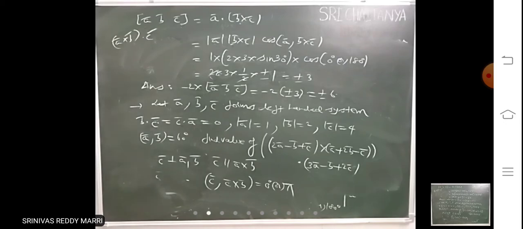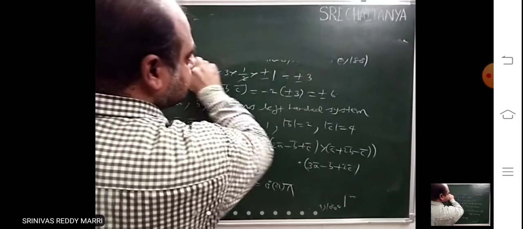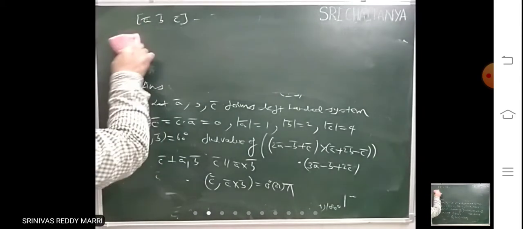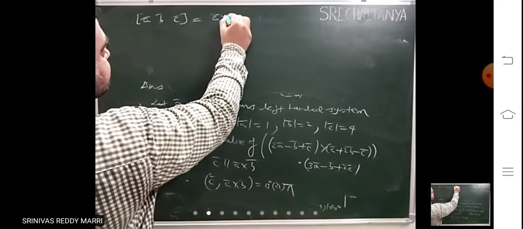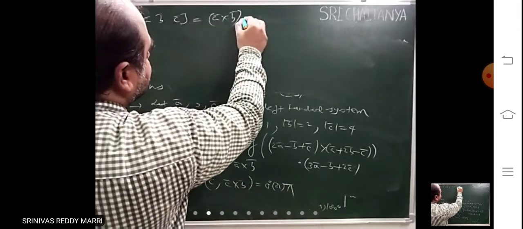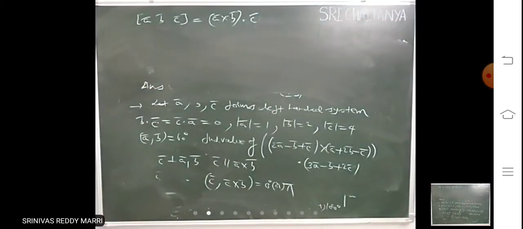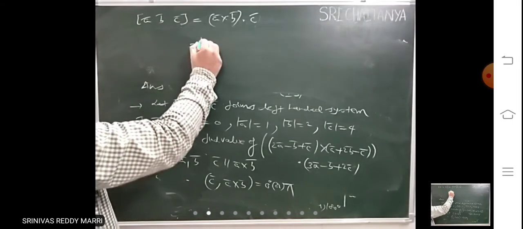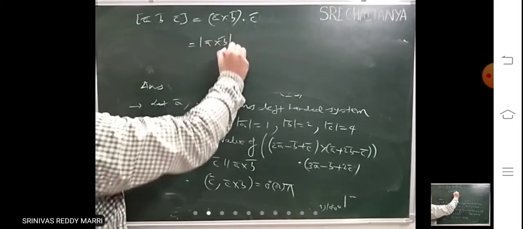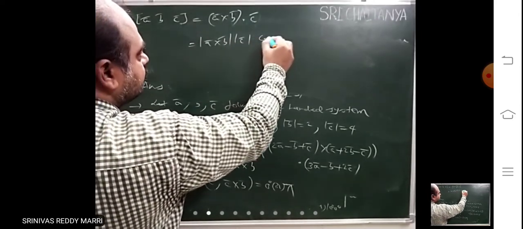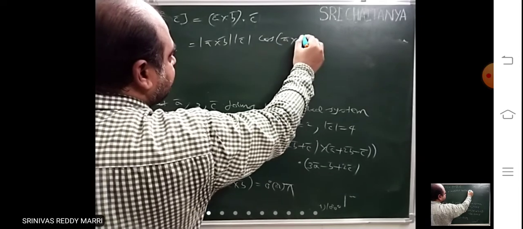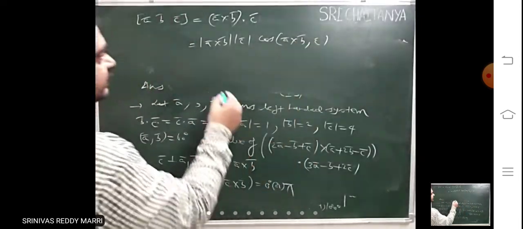So now use the definition. Now you know the angle between C bar and A cross B. I am writing A cross B dot C, because I know the angle between A cross B and C. That means modulus A cross B into modulus C bar into cos of the angle between A cross B and C bar.